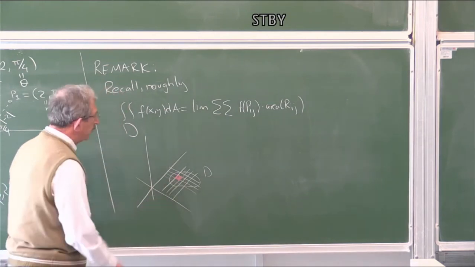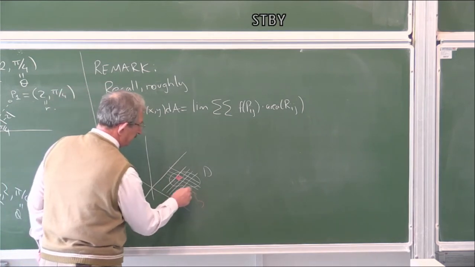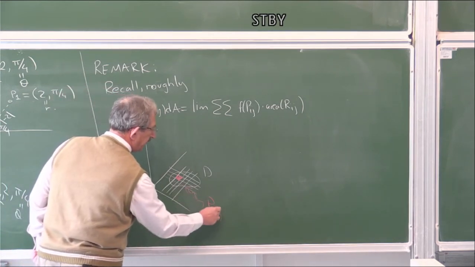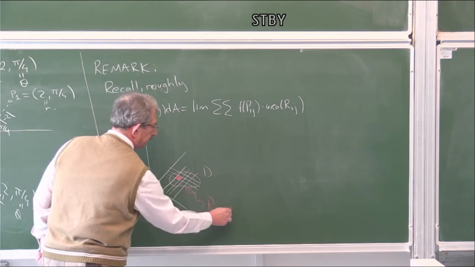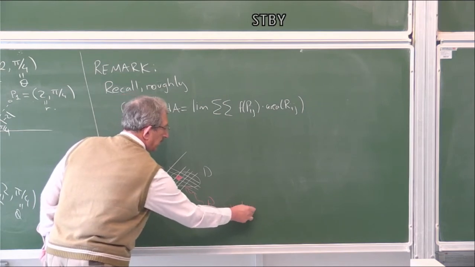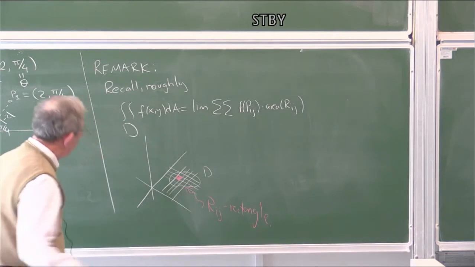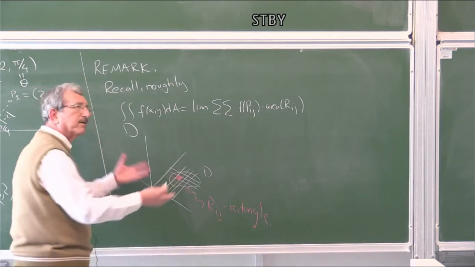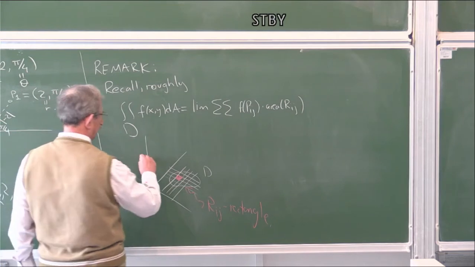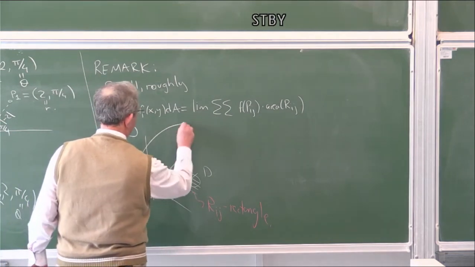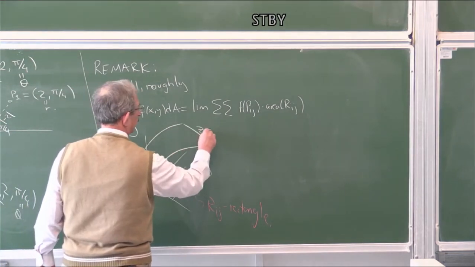You can call this the R_ij rectangle. And at the top, well, you can assume f is positive for simplicity. So we have some surface.